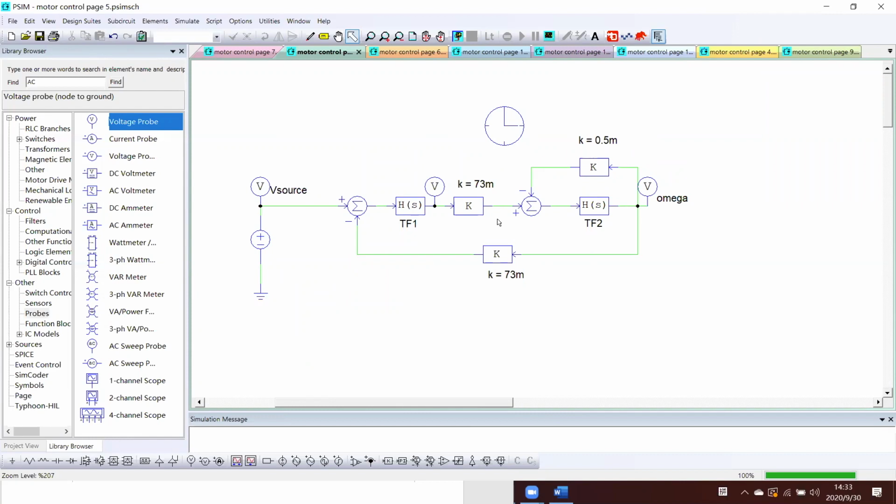We haven't added any control onto our model, we just built up our model. For step two, we are going to start adding the control loop onto our model. We have two control loops: one is current control and the second one is speed control.